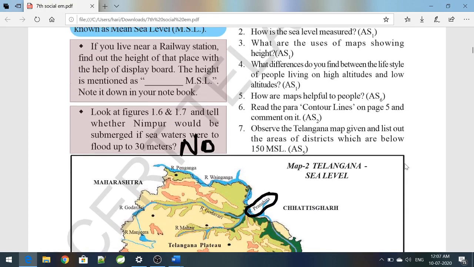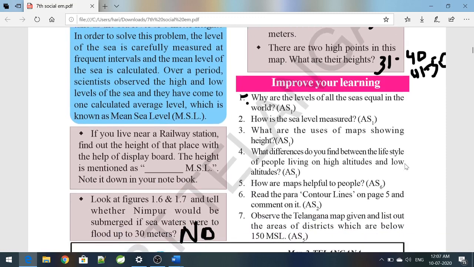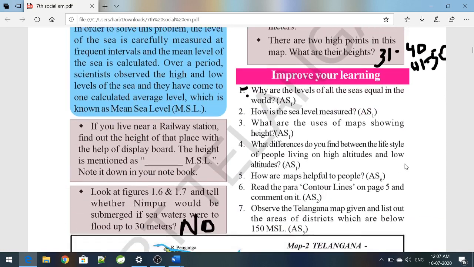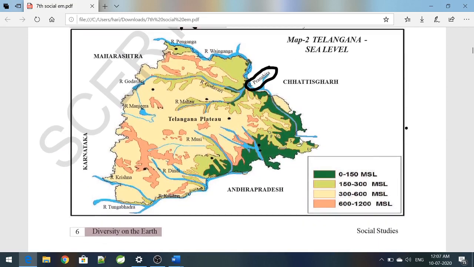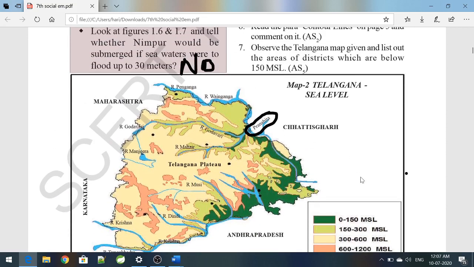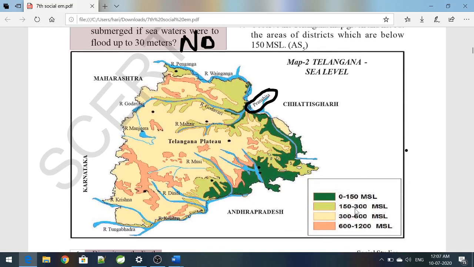So one more question was there. Okay, here it is. Observe the Telangana map given and list out the district which is below 150 mean sea level. Below 150 will be, see, this is 150 to 300, 300 to 600, 600 to 1200.